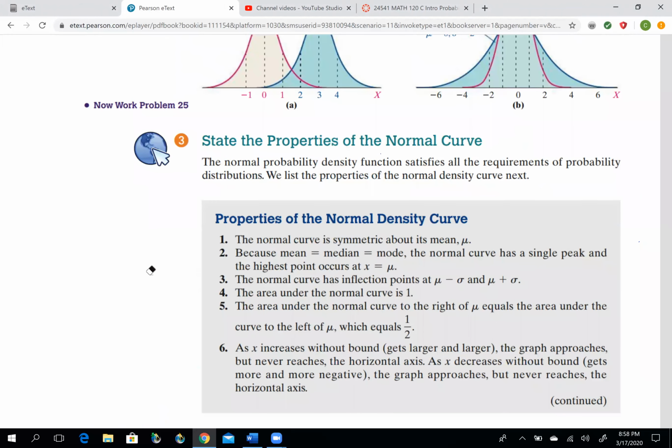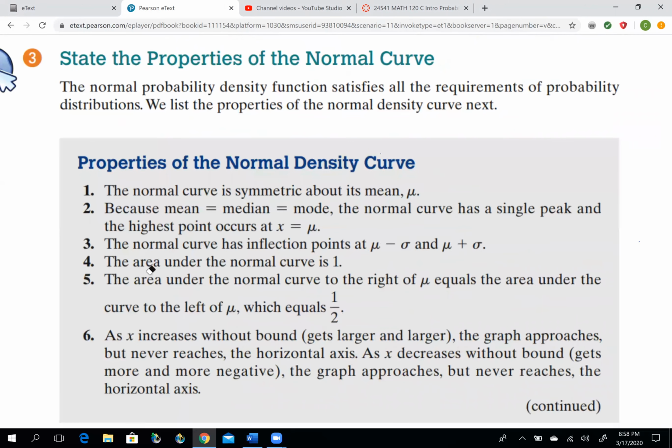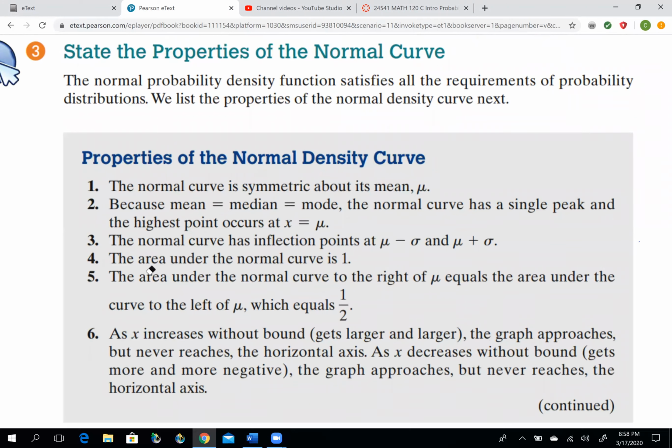So now let's look at the properties of the normal density curve. Property number one, the normal curve is symmetric about its mean mu. That means one half is the mirror of the other half.